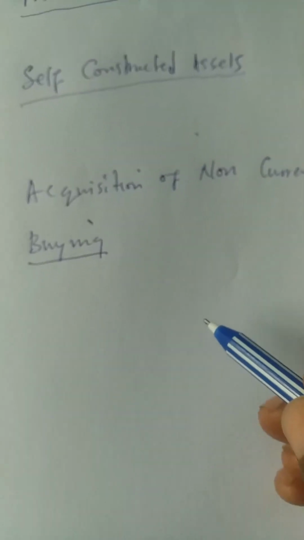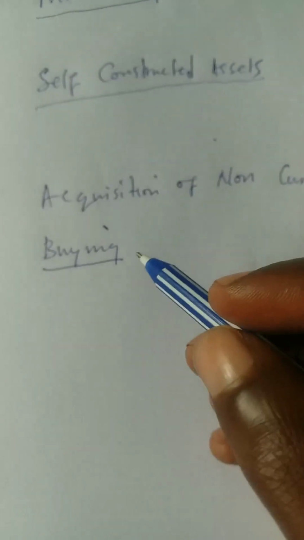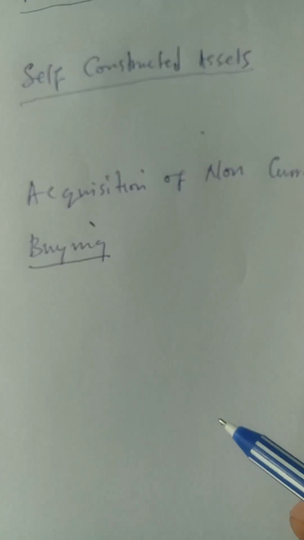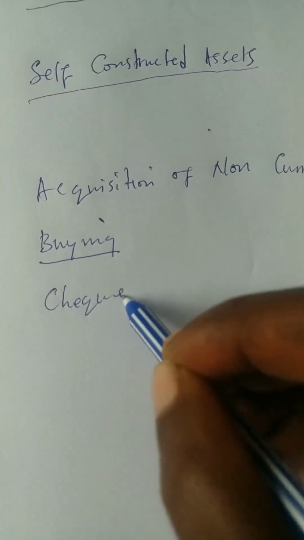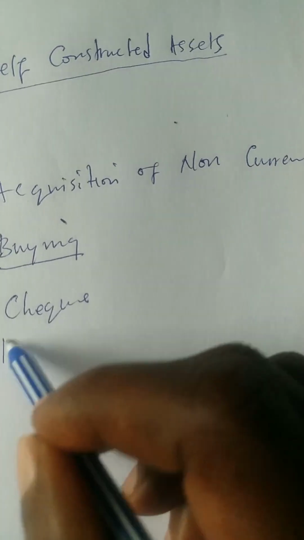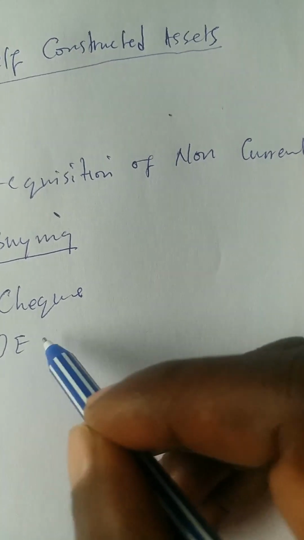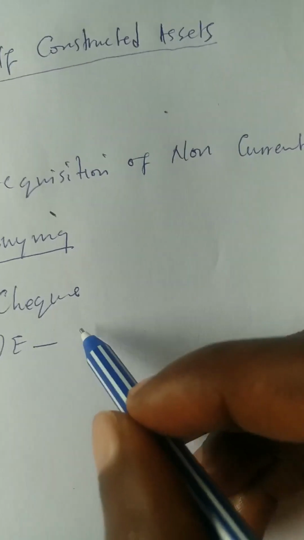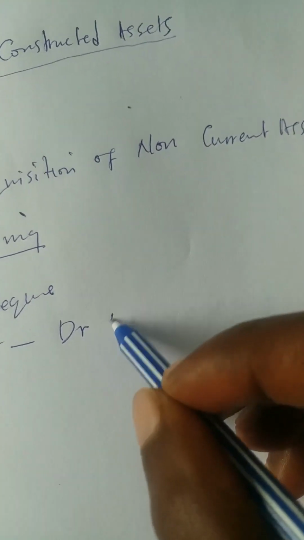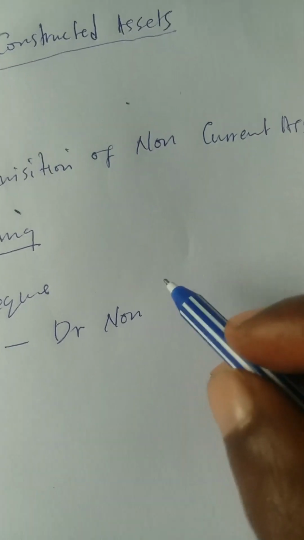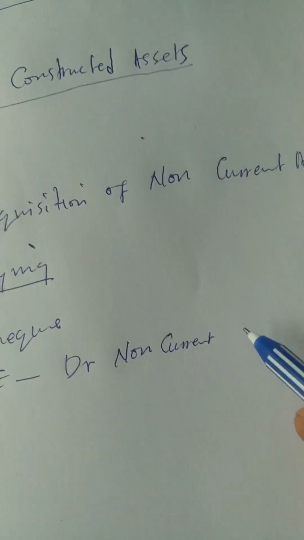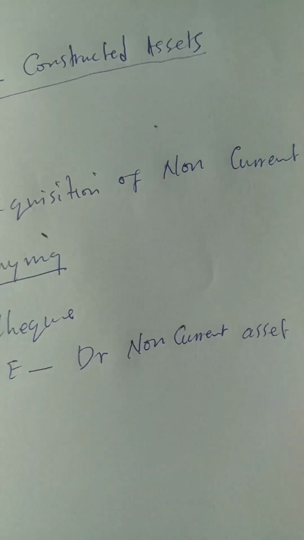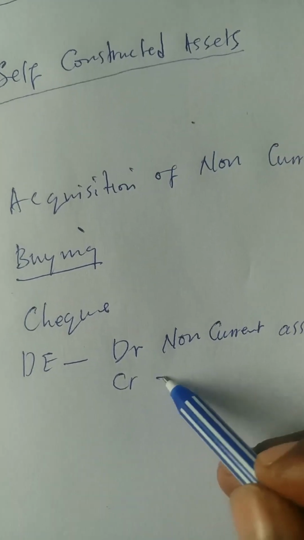So when you buy non-current assets, there are three ways you can buy, either by cheque, and the double entry is going to be debit non-current assets, and then credit, of course, the bank.